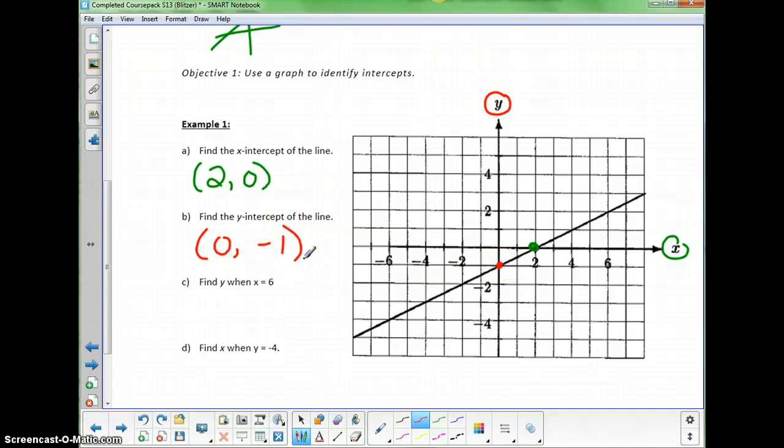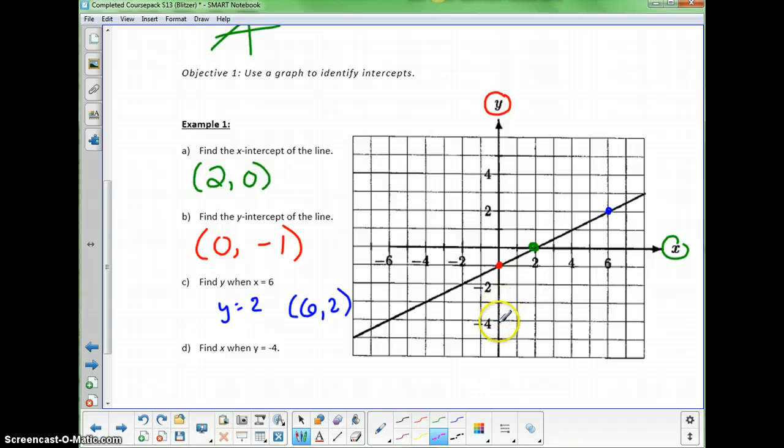Parts C and D just ask us for two other points. Find y when x is -6, or +6, my bad. So when x is +6, y is 2. So I can write y equals 2, or I could write the ordered pair (6, 2). And find x when y is -4.